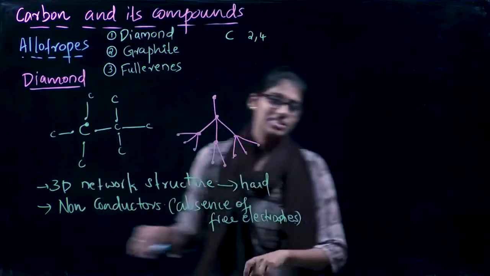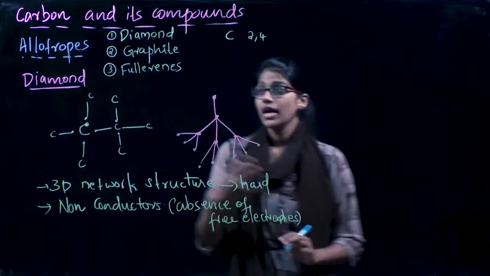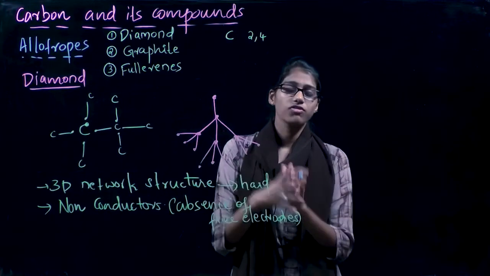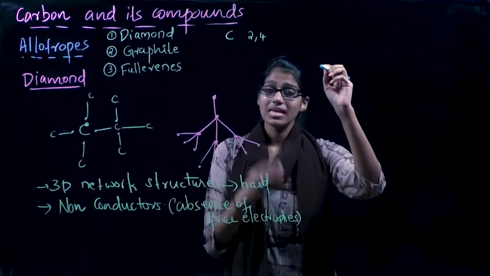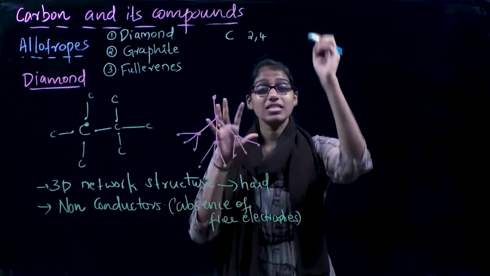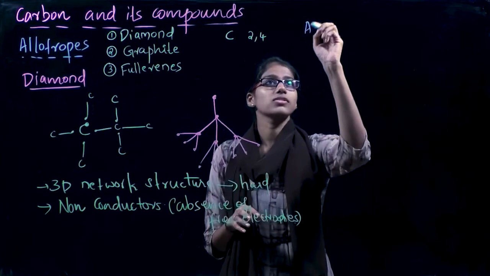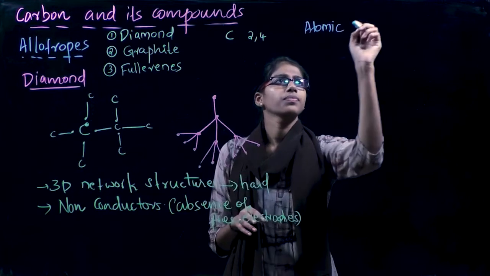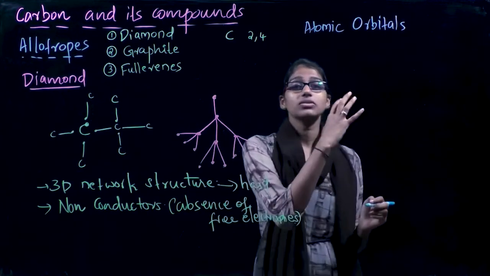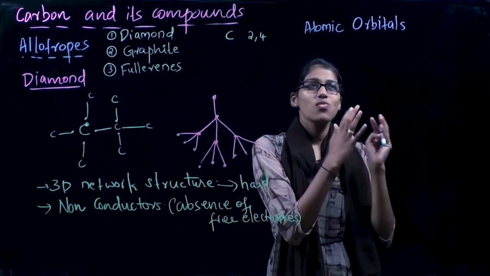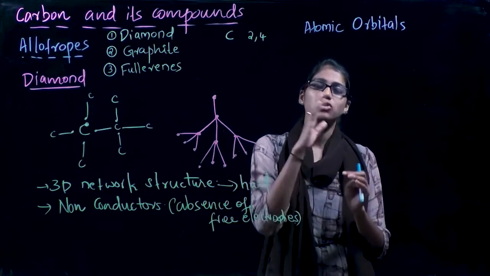So whenever you consider an atom, as you know from the modern theory of quantum mechanical model of atom, each atom has several electrons, and that electron is present in several rooms called atomic orbitals. So atomic orbitals are the 3-dimensional space where the electron's probability is maximum.